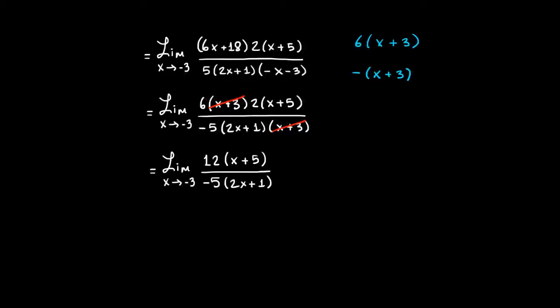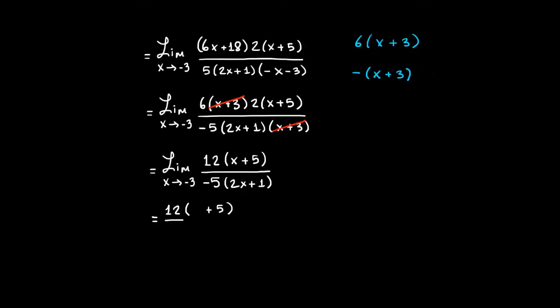Now, after simplifying, after cancelling out terms such as these two guys, we must always check for x approaching -3 and substitute the value for x. So let's see if we get to something defined. It will be here 12 times, and here we leave space for the -3.